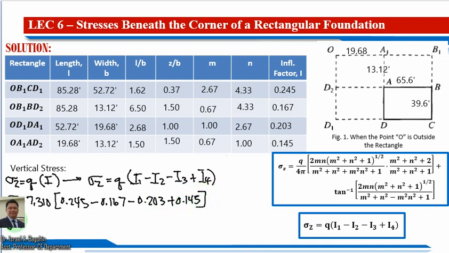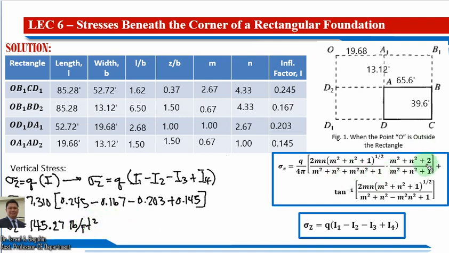So our sigma z is just simply equal to 145.27 pound per square feet.